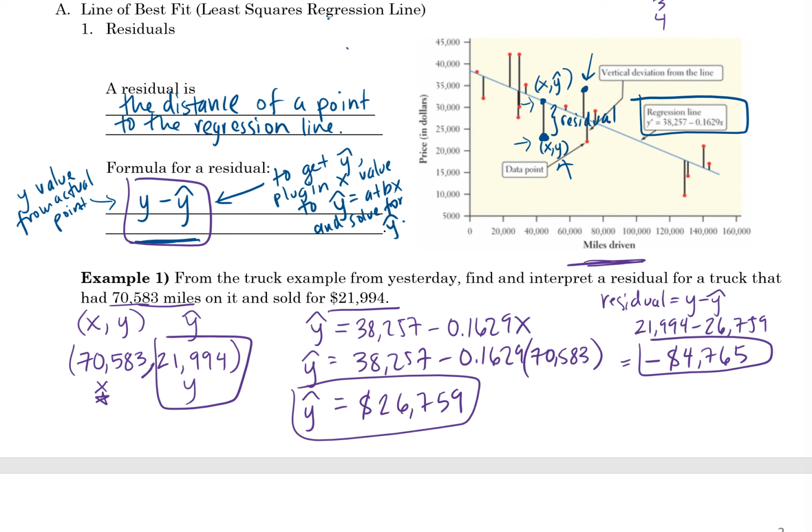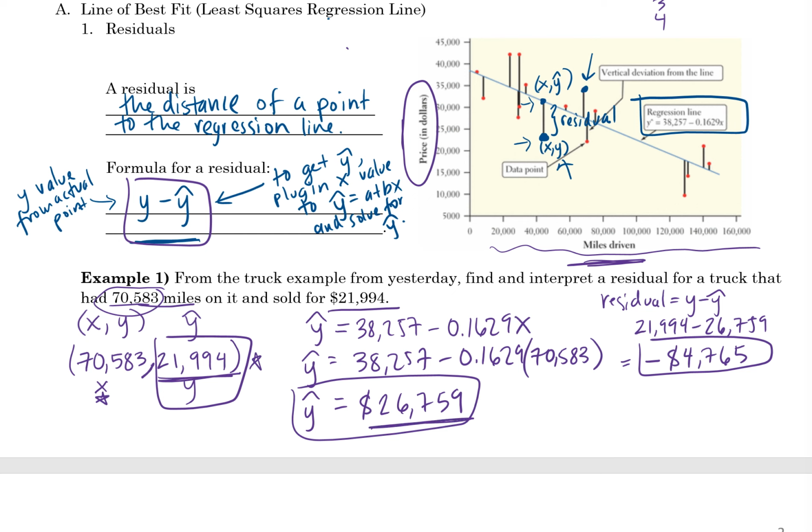So now they're asking you to interpret the residual. So what does this mean? Well, this graph is talking about the price of a truck for the number of miles the truck has driven. So for a truck that has driven 70,583 miles, the price that this person actually paid for the truck was $21,000.